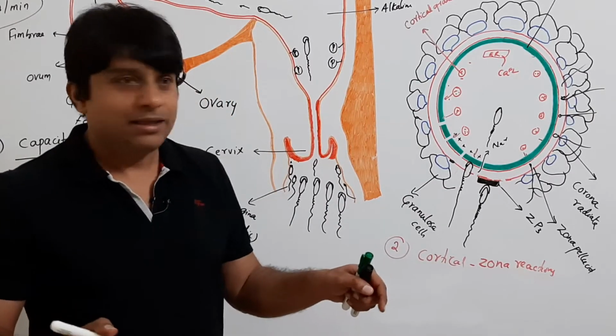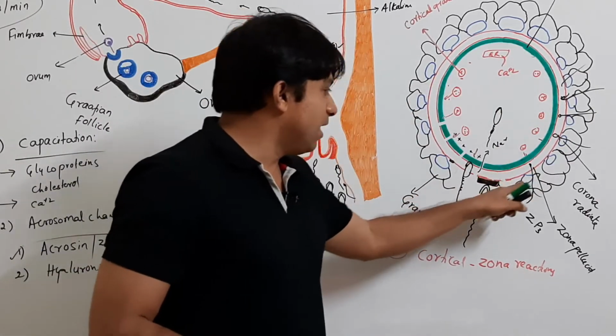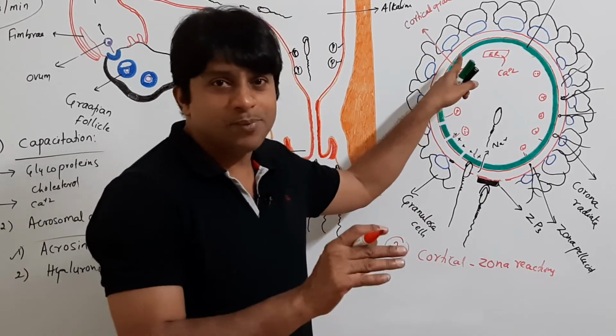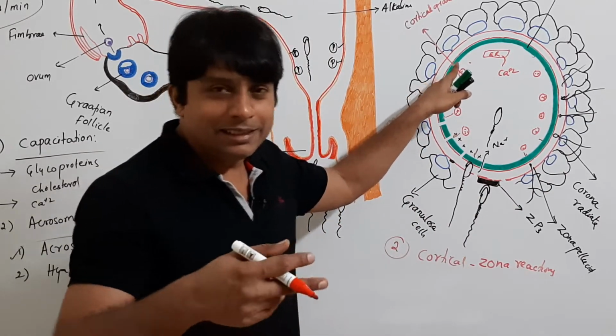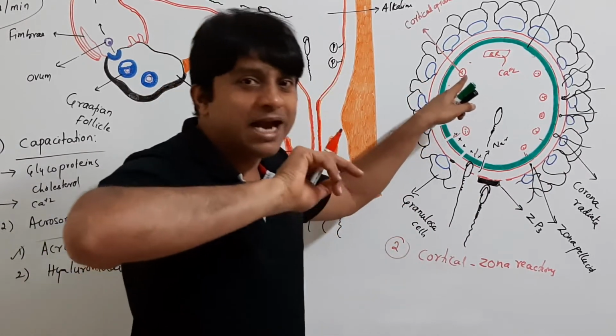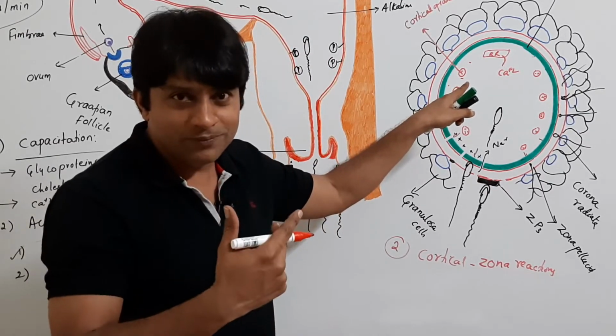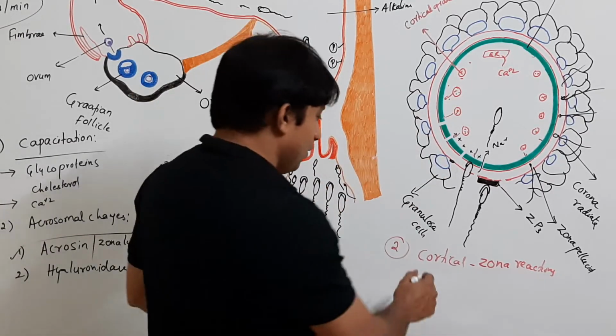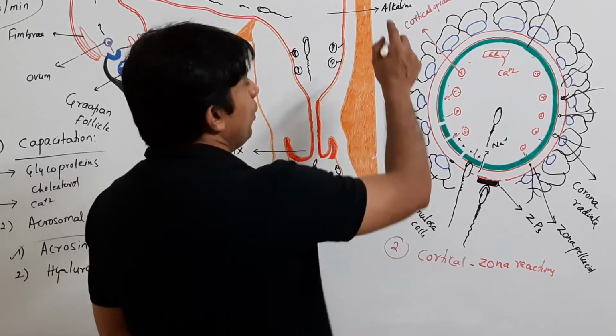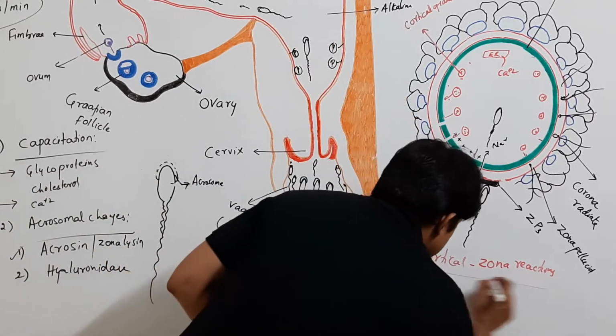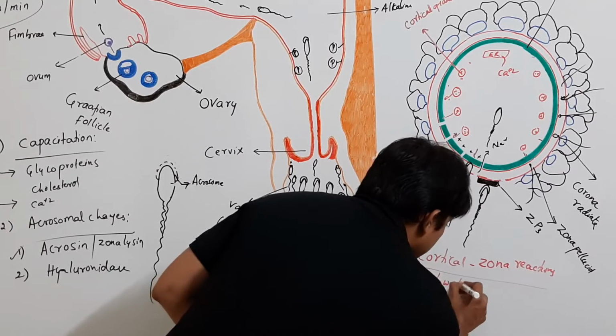When all the receptors of the zona are completely dissolved, the next sperm cannot identify where the ovum is or how to penetrate. So the cortical and zona reactions prevent polyspermy. This is called the slow block.